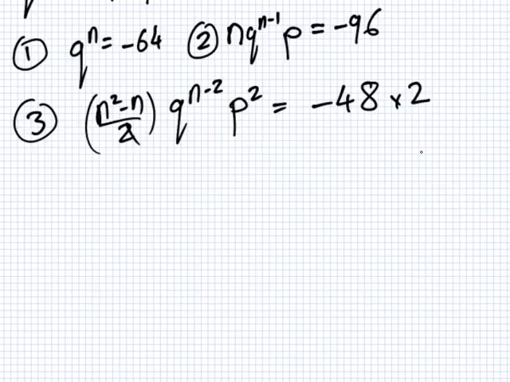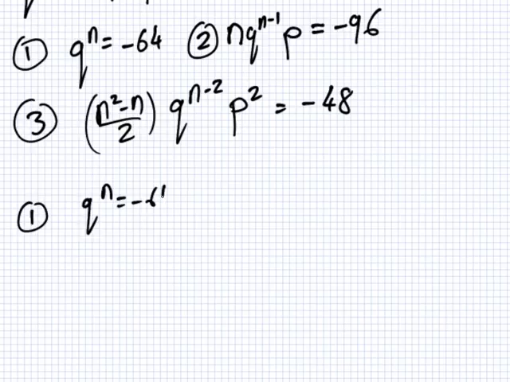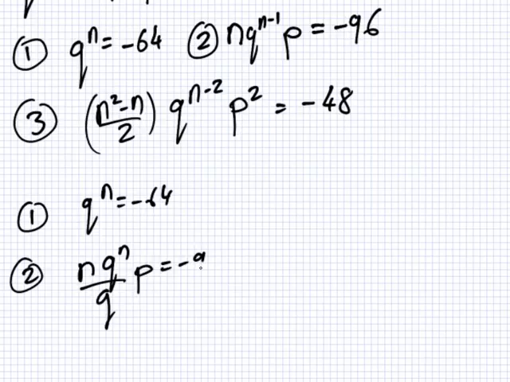Okay. So let's see. Sorry, what was this equal to? Minus 48. Okay. So the first thing I'm going to do is clean these up a little bit. Equation 1, there's nothing I can do there. Equation 2, I'm going to write it as n qn over q times p equals minus 96.